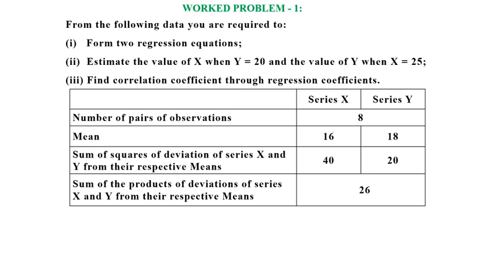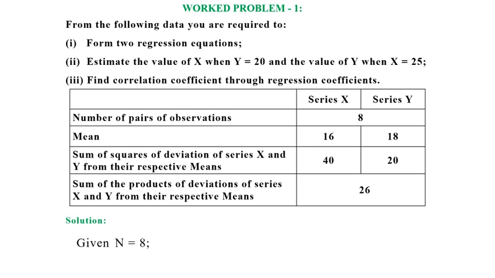Then the sum of the products of deviations of series x and series y from their respective means, that is summation of small x into small y, is given as 26. Okay, first of all you write down what is given in the problem.